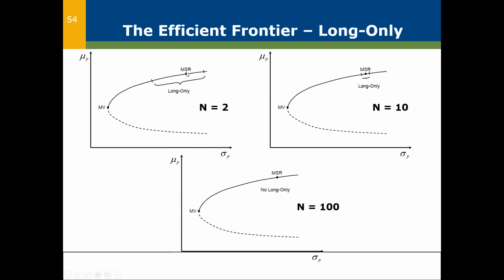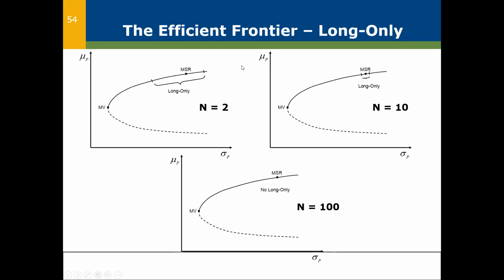But then you can imagine adding more assets, and eventually the newer assets come in and cut through that region, making it smaller and smaller. So as you add more and more assets, the chance of finding a long-only portfolio becomes smaller and smaller.